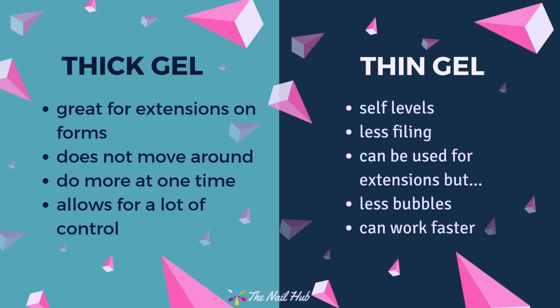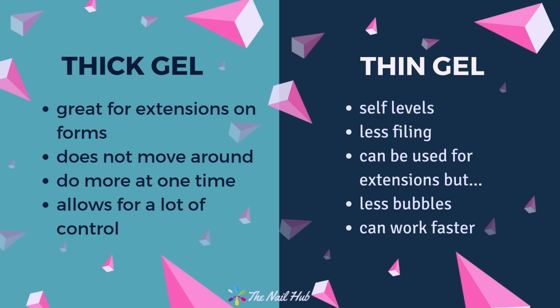There are some disadvantages with thick gel. Thick gel makes it easier to create peaks and valleys because it is so thick. A lot of people make the mistake of painting on this type of gel and they get really lumpy nails. A good tip for this type of gel is to use a bunch on your brush and just float it on, allowing the gel to move for you.